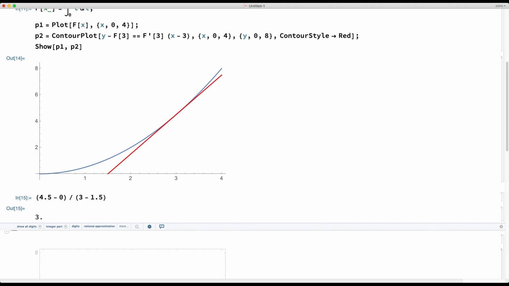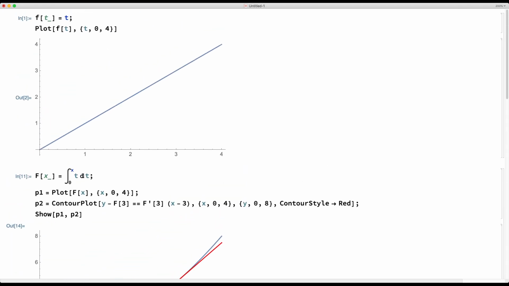Right, because it's 4.5 over 1.5, which is 3. Okay, good? Huh, that's interesting, because guess what that is? Exactly the height of the function here at 3. Kind of cool?